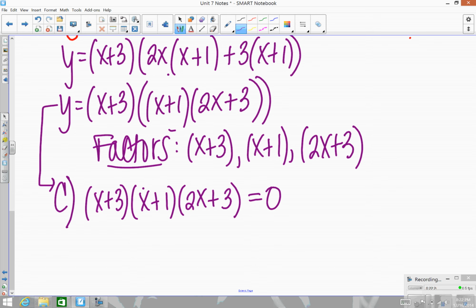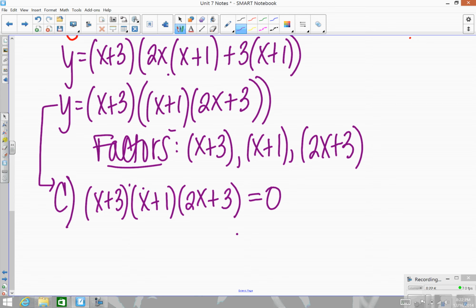When we say the solutions, we're talking about something that has to do with the graph, the zeros, meaning when the equation equals 0.